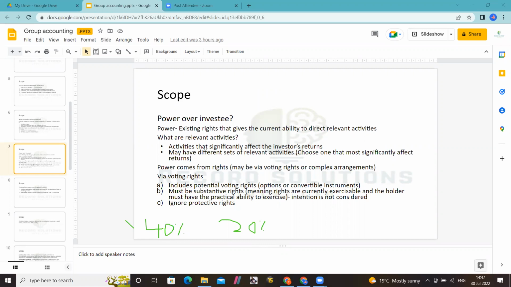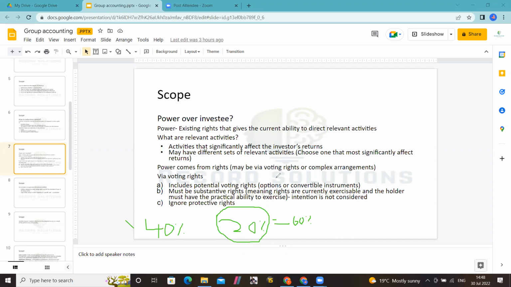Do you see what happens? The investor, if he wants, can convert these options or convertible instruments to 20% and add it to his 40%. Then he has 60%, meaning he actually controls the entity.